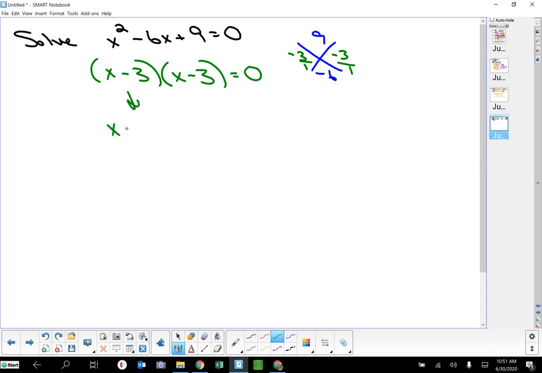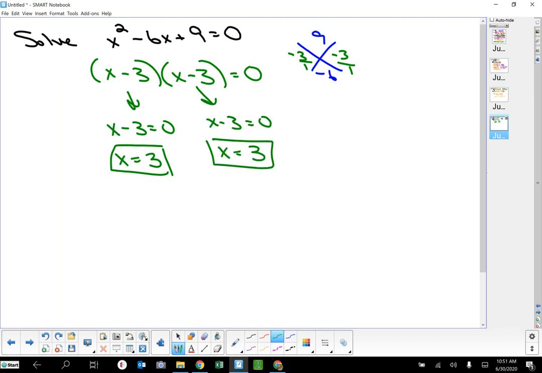And if we set these equal to 0, we get x equals 3 as an answer, and x equals 3 as an answer. So you could answer this and say x equals 3 with a multiplicity, or you could use just mult, of 2.